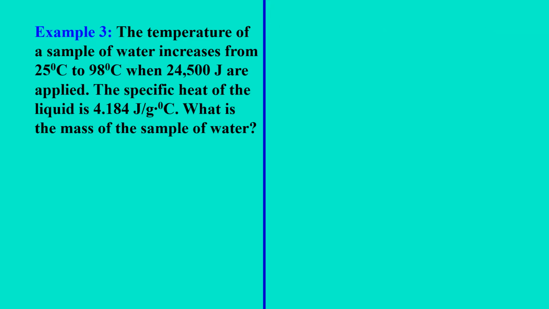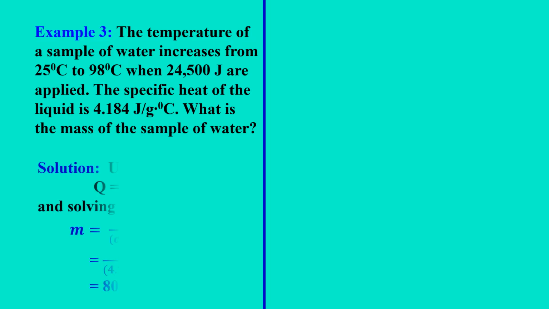Example number 3. The temperature of a sample of water increases from 25 degrees Celsius to 98 degrees Celsius when 24,500 joules are applied. The specific heat of the liquid is 4.184 joules per gram per degree Celsius. What is the mass of the sample of water?